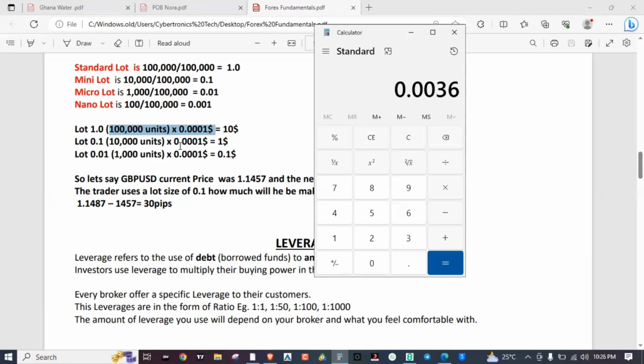From $10 to $100, it's advisable to stay with micro. So let's say Ajo is using micro, she wants to invest $100. So she's going with micro, which is 1,000 units. So it'll be this times 1,000 units.